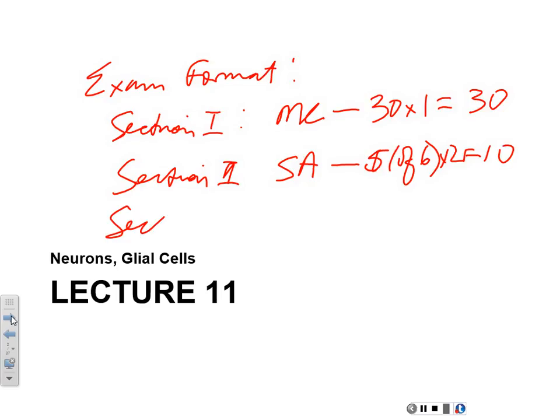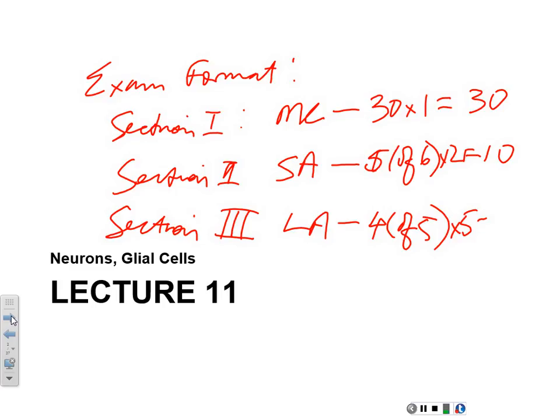Then the final section 3 is long answer. 4, 5 times 5, which is equal to 20, 30, 60 points. Alright? Okay, so we'll start off with neurons and glial cells.